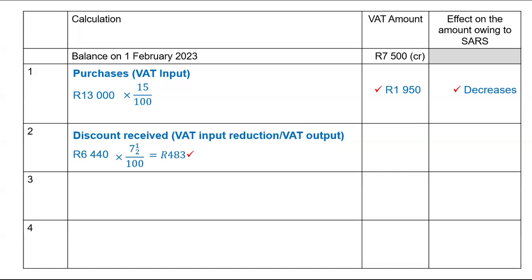So I'm going to multiply this by 15, because I'll always want 15 when it comes to VAT, but I have to divide this by 115. Then I will get my VAT of 63 Rand. As I've said, VAT on income is VAT output, meaning VAT output increases. This is what we owe SARS. This is me not wanting to be too technical.